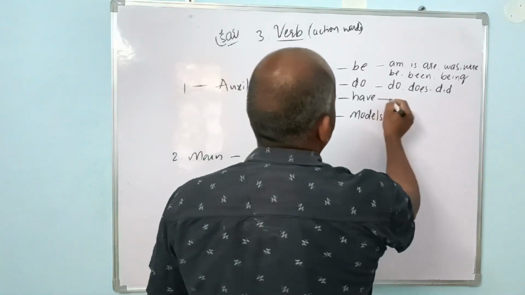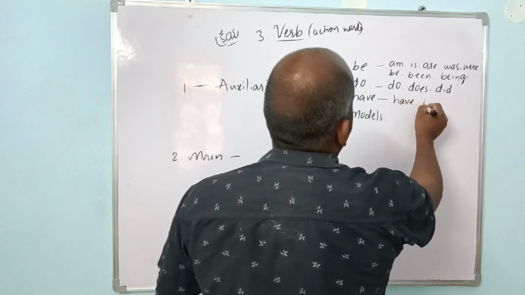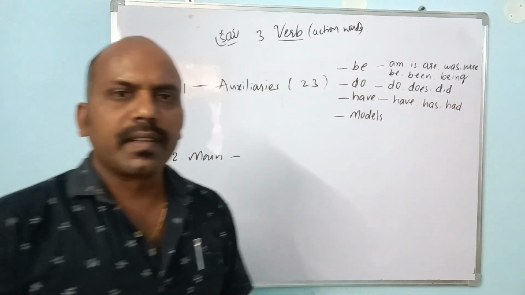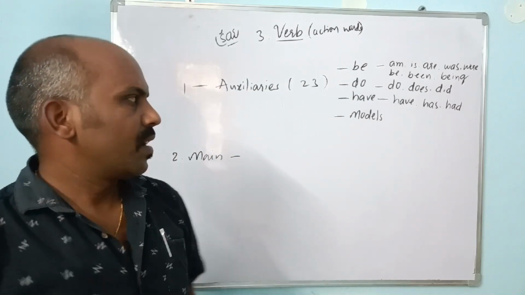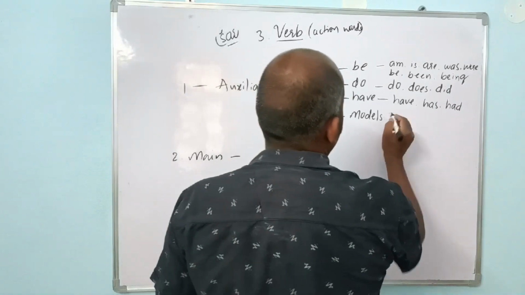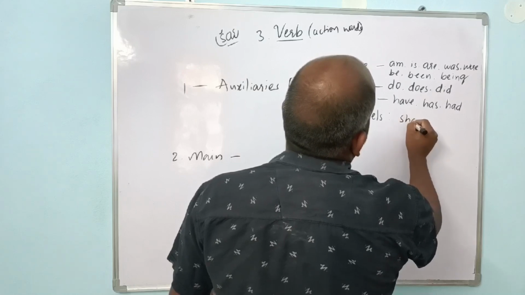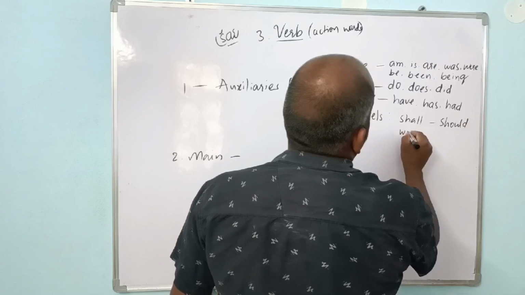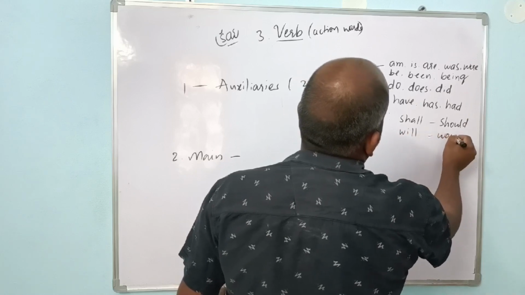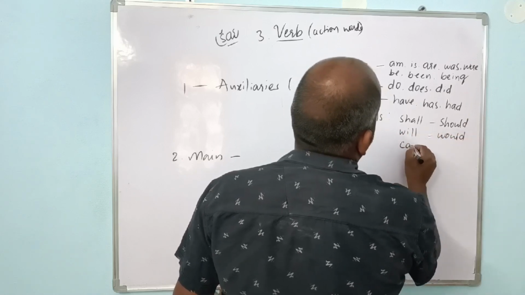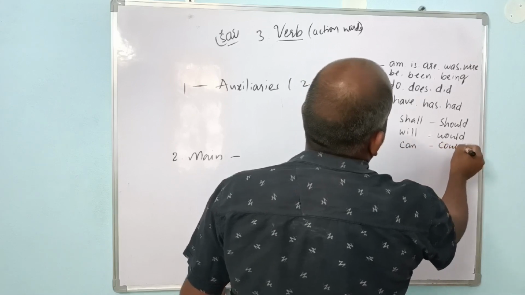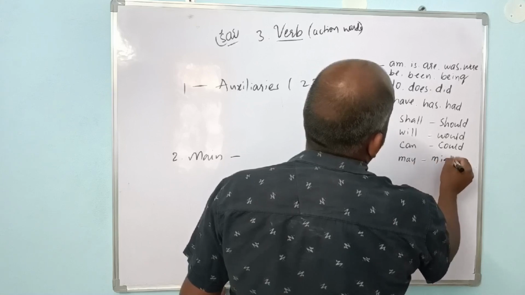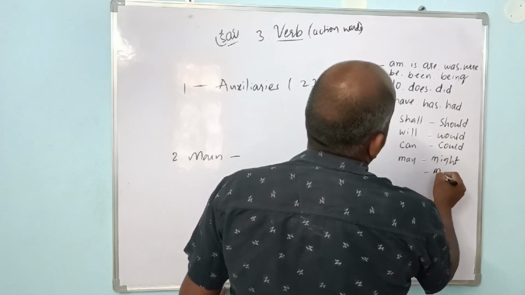And here have, has, had. Those three come under have forms. And coming to modals, modals are shall, should, will, would, can, could, may, might, and must.